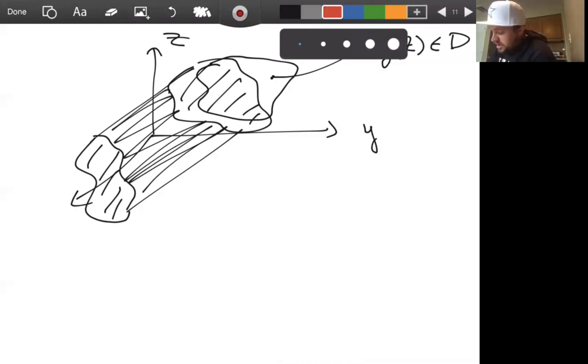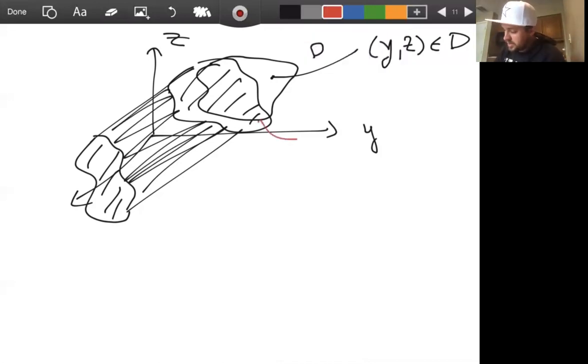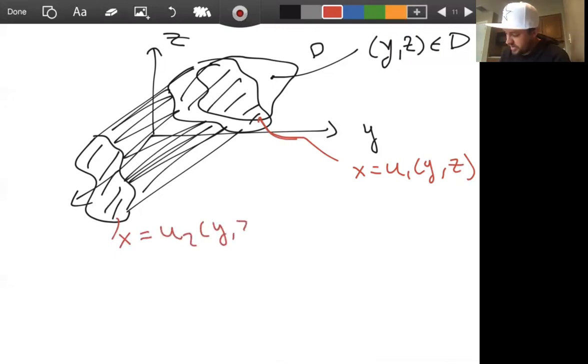And so this surface in the back can be the lower bound for our x, right? So this is going to be x equals u1 of yz. And then farther out of the screen, we have x is bounded above by u2 of yz.